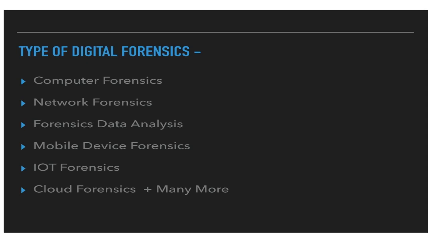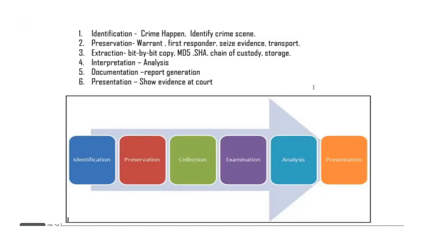Now I'm gonna tell you about the process of how digital forensics is actually done. The first thing is that we will identify the crime, where it happened, as I've told you earlier, and try to identify the crime scene.